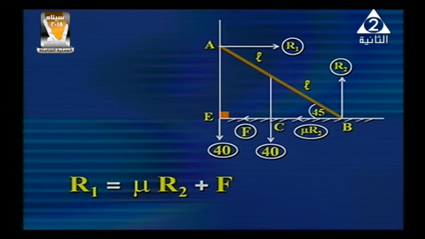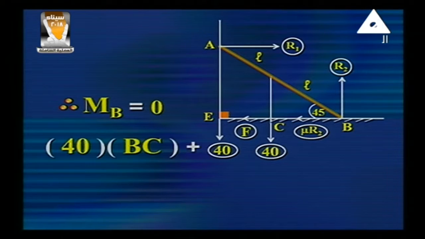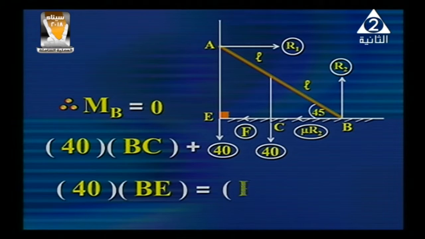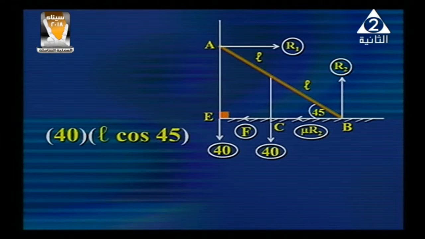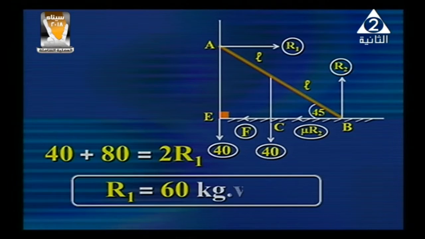By using R1 equals mu R2 plus F, we find the value of R2 equals 80 Newton. Moment at point B equals 0, then 40 times BC plus 40 times BE equals R1 times AE. Then we find the value of this moment by using R1 equals 60.